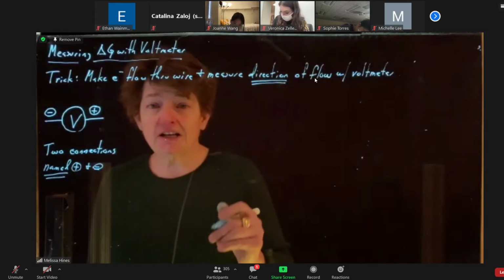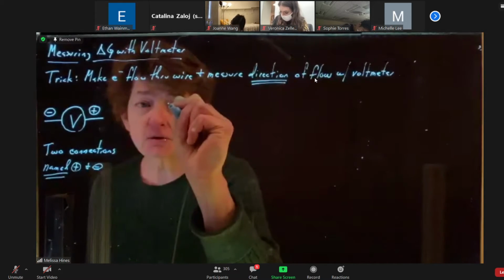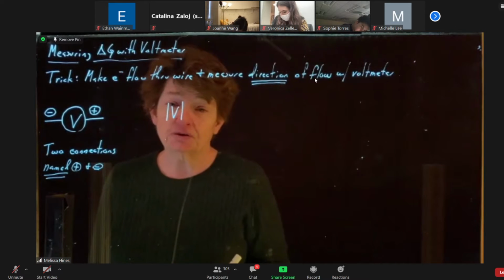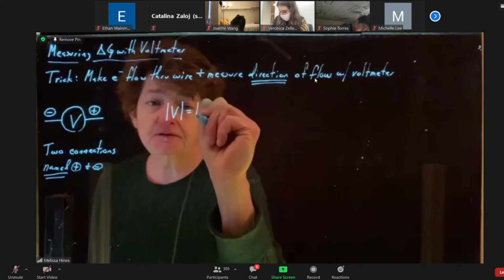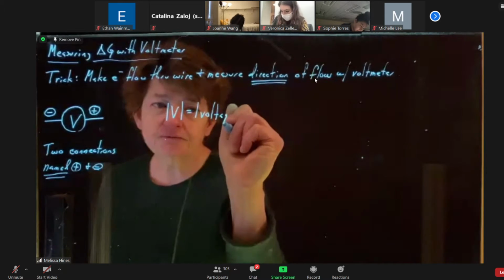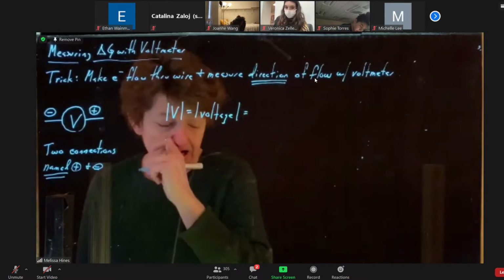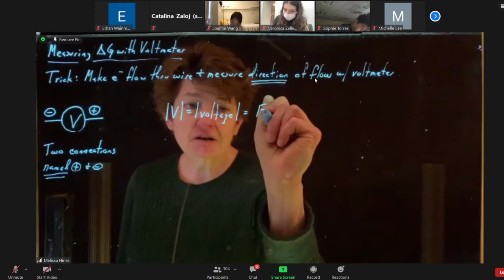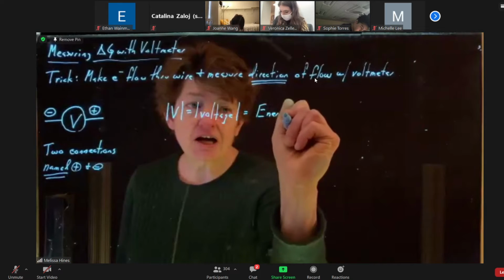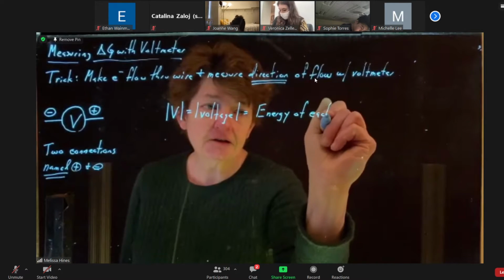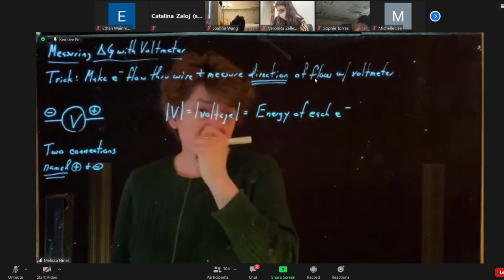So what is this going to be measuring? Well, the first thing you are going to be measuring with this is the absolute value of the voltage, the absolute value of V. And the absolute value of the voltage tells you about the energy of each electron that is flowing through the wire, or flowing through the voltmeter, okay?